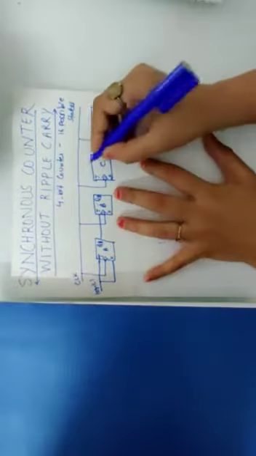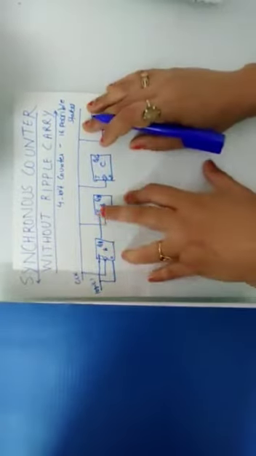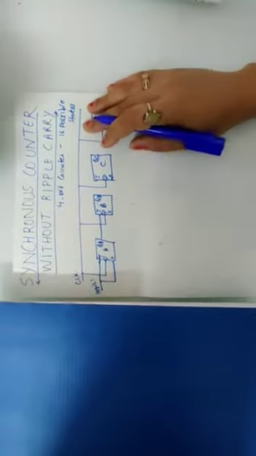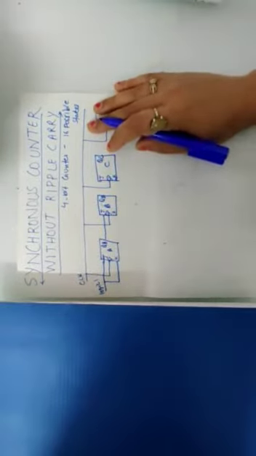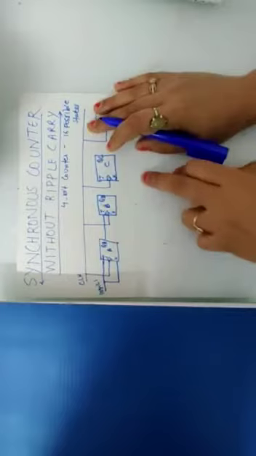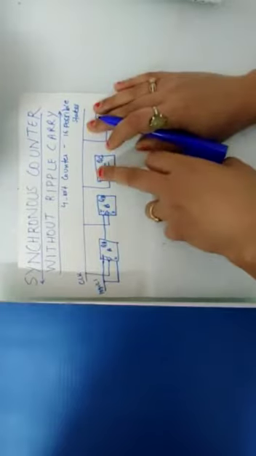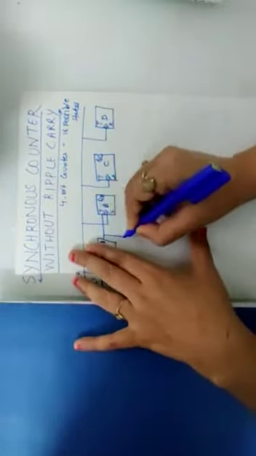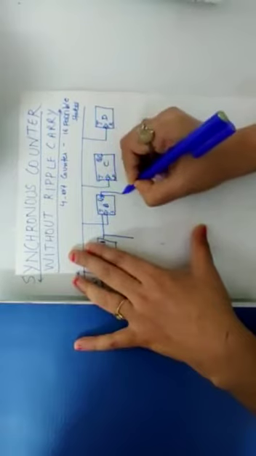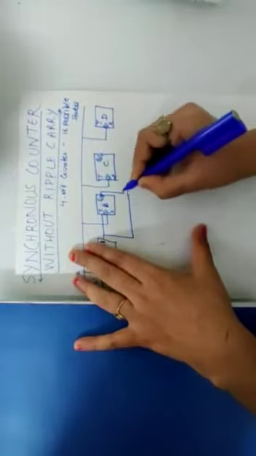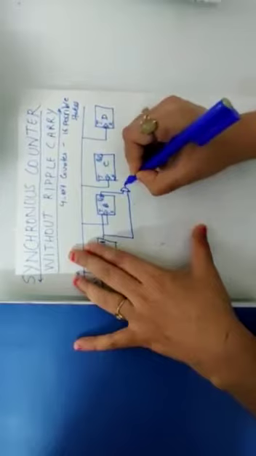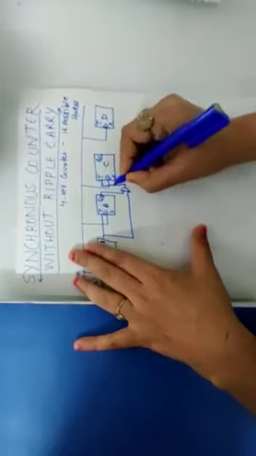So this third flip-flop will take the outputs from QA and QB both. As we have seen with ripple carry, QA and QB are connected to an AND gate and then given to the input. In the same way we take QC and QD, connected to an AND gate, and then it is fed to the input.